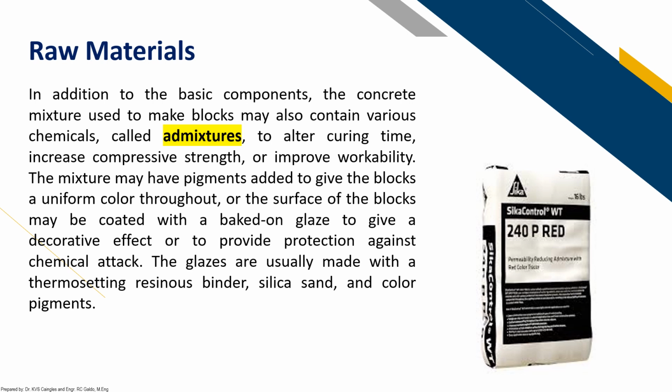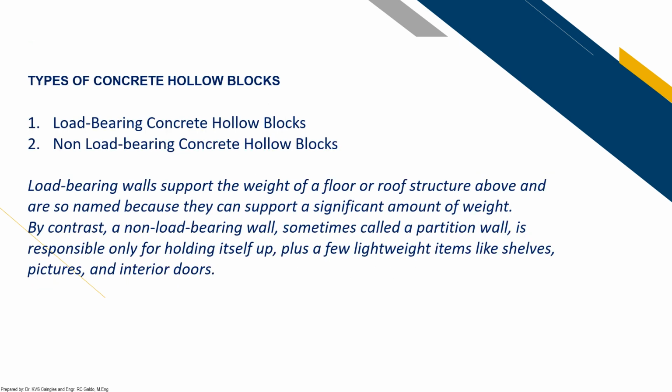The mixture may have pigments added to give the blocks a uniform color throughout, or the surface of the blocks may be coated with a baked-on glaze to give a decorative effect or to provide protection against chemical attack. The glazes are usually made with a thermosetting resinous binder, silica sand, and color pigments.